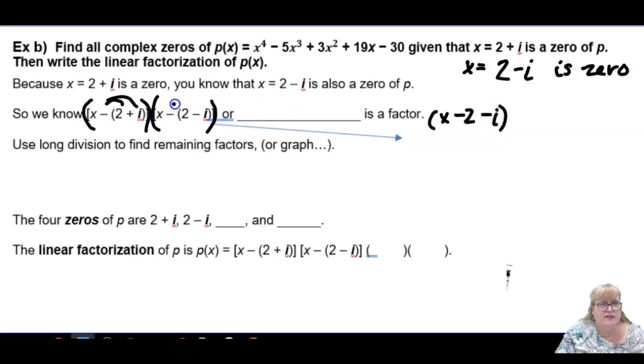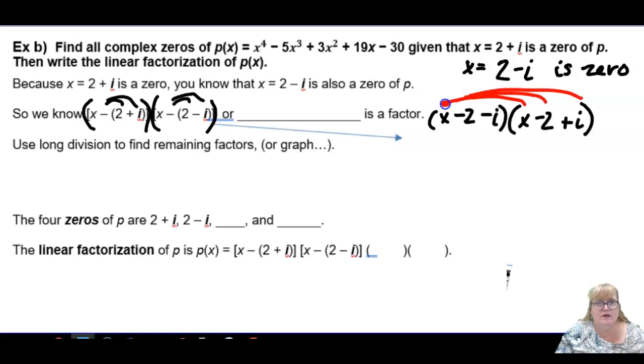And this one, when I distribute this negative, is going to become x minus 2 plus i. Now we're going to FOIL these together. This is a little bit of a painful process, guys. I'm going to distribute this x in red to all three things back there. So I'm going to have x squared minus 2x plus ix.